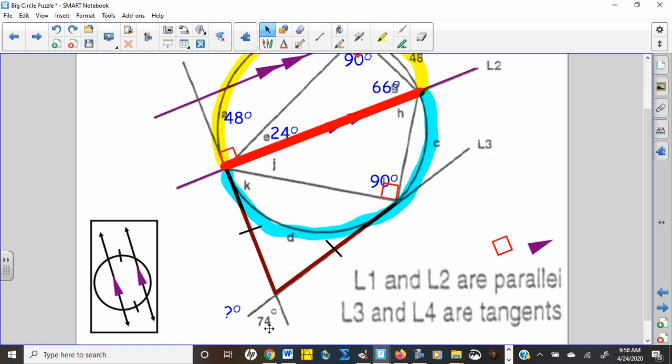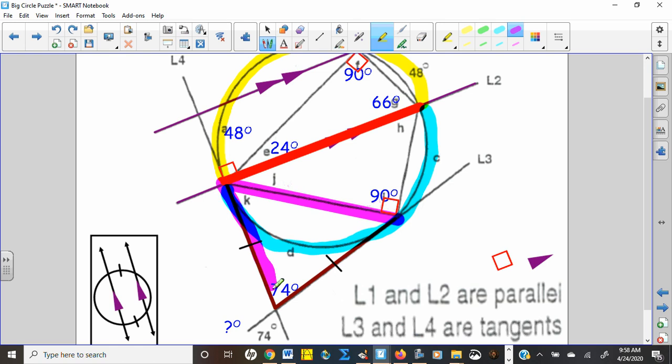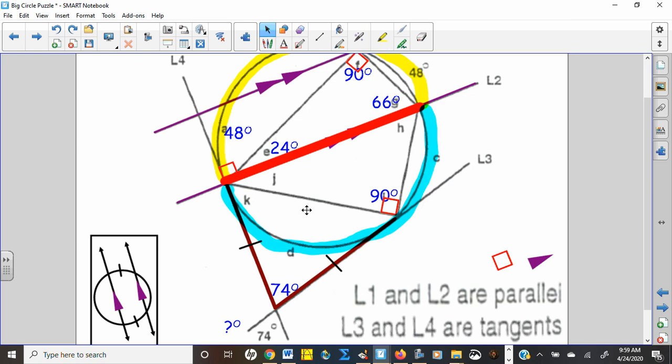So let's go ahead and go down to the 74, and let's use vertical angles. And then you had to use that tangent theorem 10.2 to get the congruent sides here, because otherwise you would not have been able to use this isosceles triangle. Base angles of an isosceles triangle are congruent. So 180 minus 74, divided by 2 gives us 53 and 53.